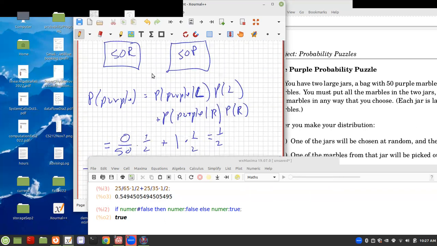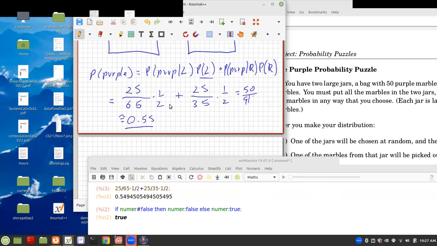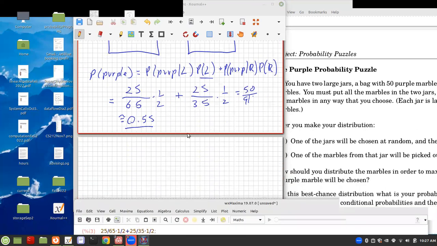So this one is better than 1/2, but it is not as good as the previous one.